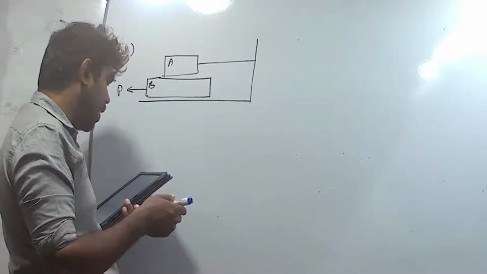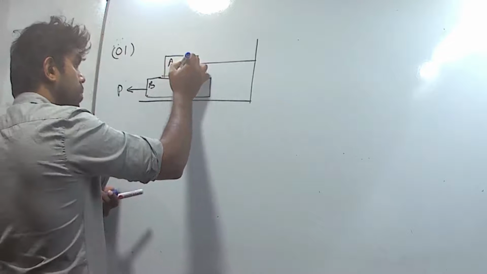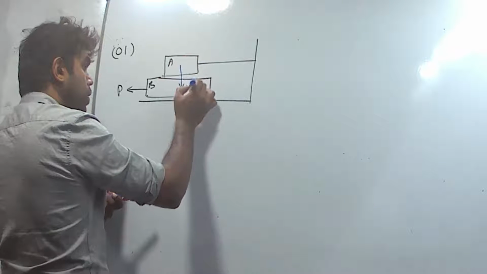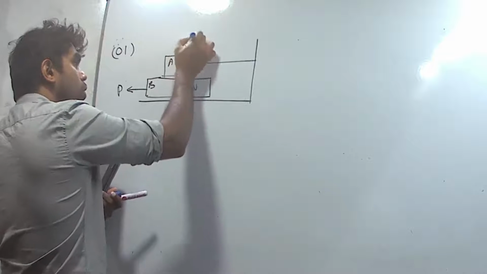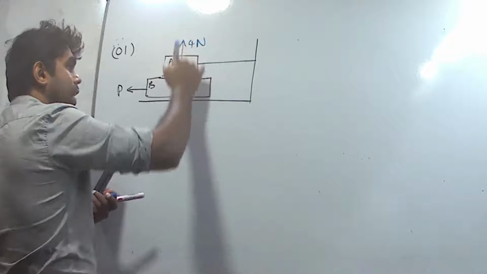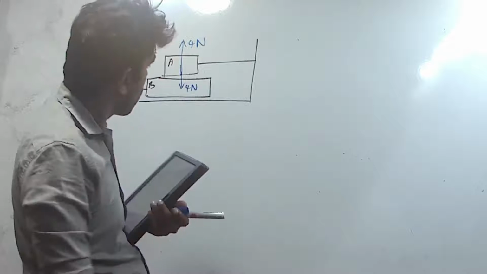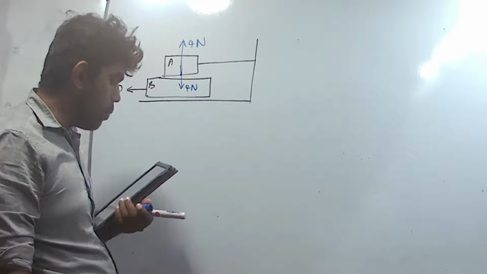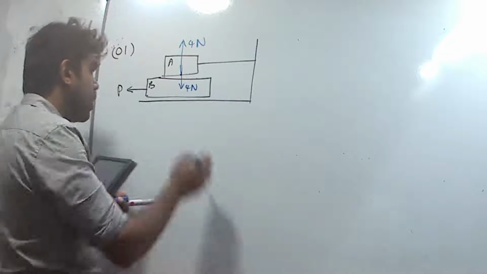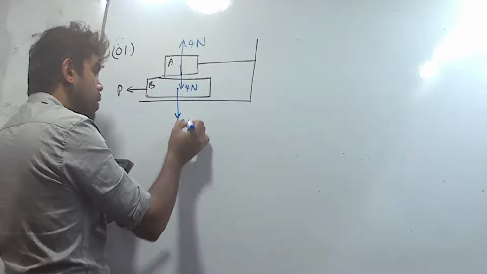The weight of block A is 4 Newton. Therefore, the reaction from this point is also 4 Newton. We can consider vertical equilibrium of A. And the weight of B is 12 Newton.